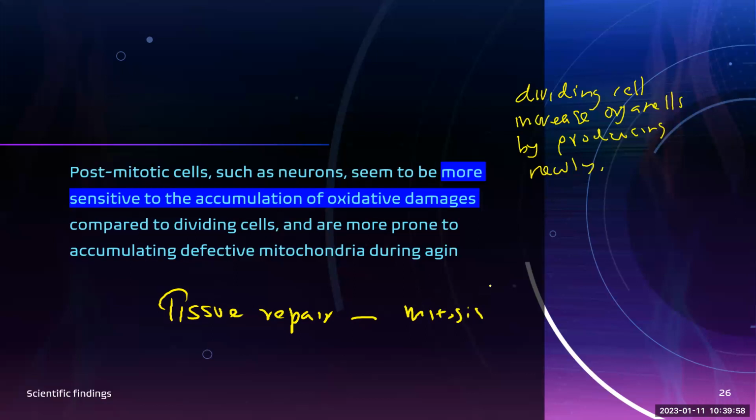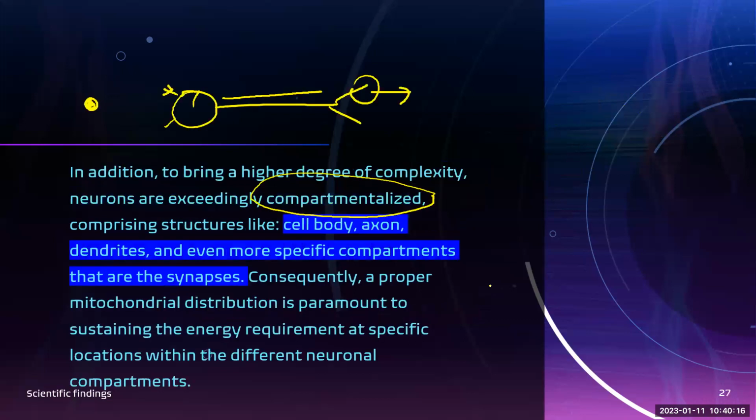Mitosis is very important for tissue repair. If there's no mitosis, then there's no tissue repair. Here, same thing. Neurons are not dividing, so the damage is high. So damage is accumulating over time.